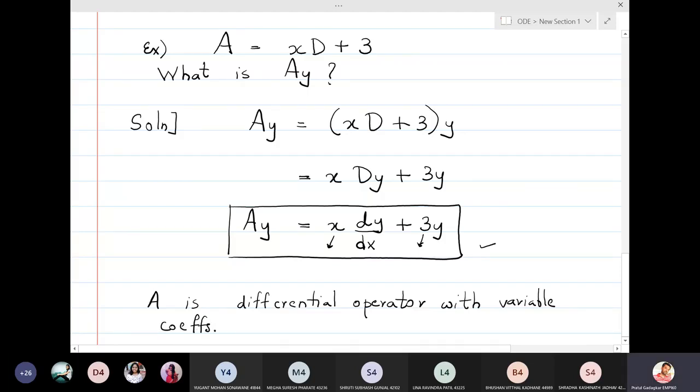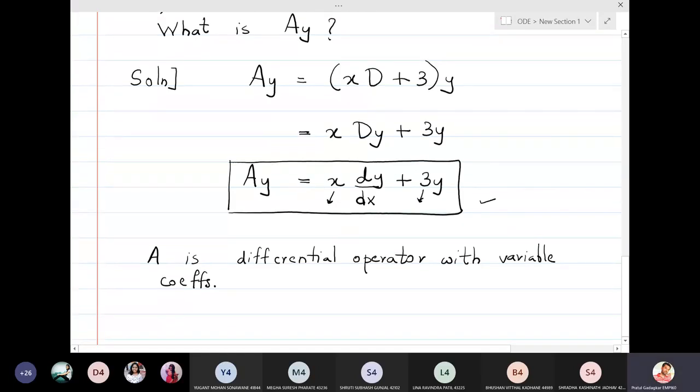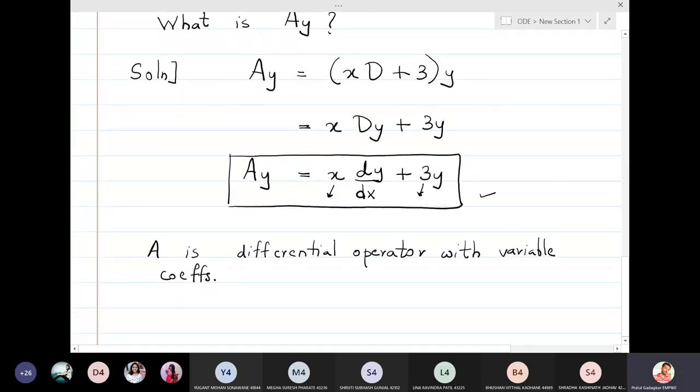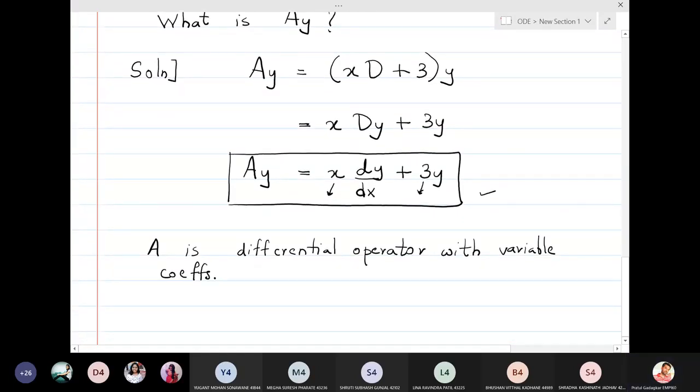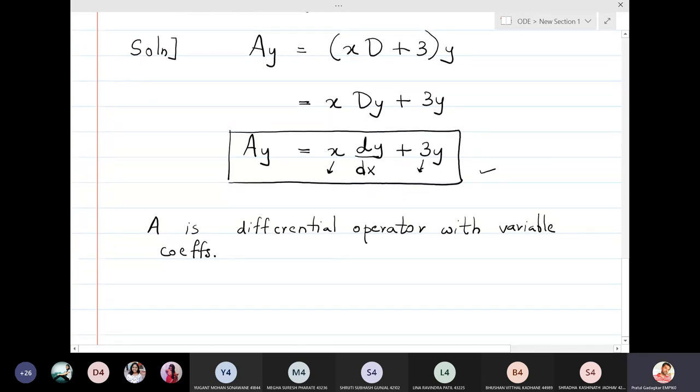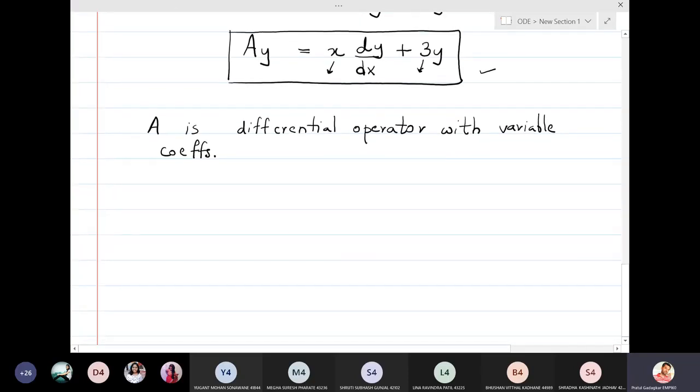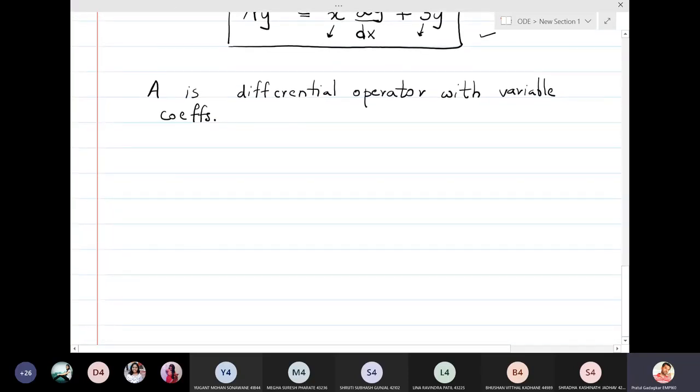Okay, now what we will learn is, if I have two operators like A, and I take one more operator, I'm going to try to multiply them. So I'm going towards the algebra part. Algebra means addition, multiplication, and so on.